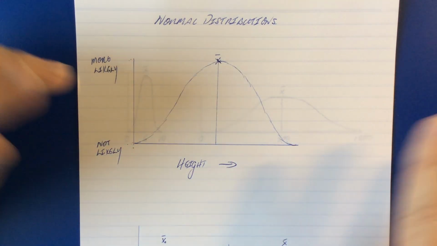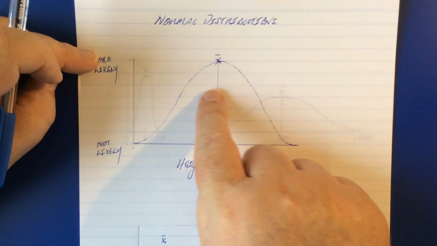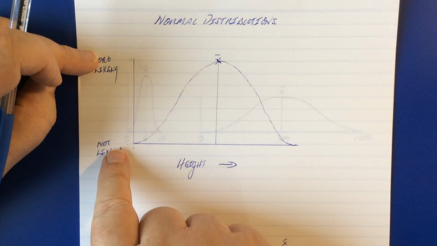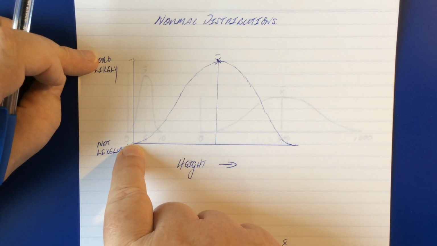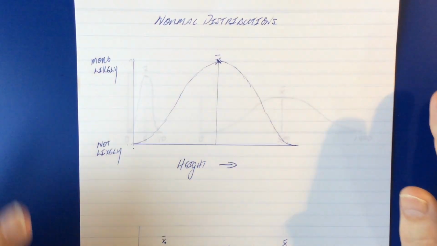So it is more likely, if you go into this group of people, that you will find people at approximately the heights around here. And it's not very likely that you will find very, very short people or very, very tall people. That's how this works.